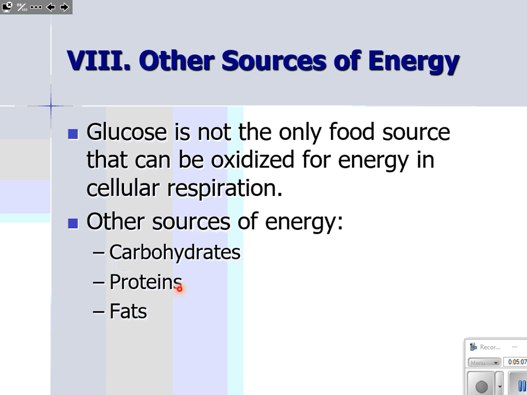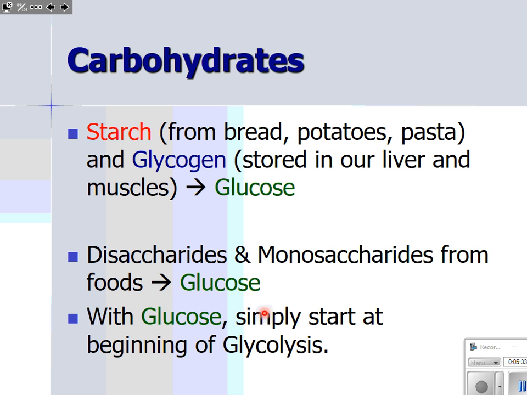We're going to look at how proteins can be used as fuels and also fats. So those three, with carbohydrates being the main source of energy, but carbs, proteins, and fats all can be used as fuel, and they all can be broken down in some manner by the aerobic respiratory pathway in order to make ATP. So let's start with the easiest thing, and that would be carbohydrates.